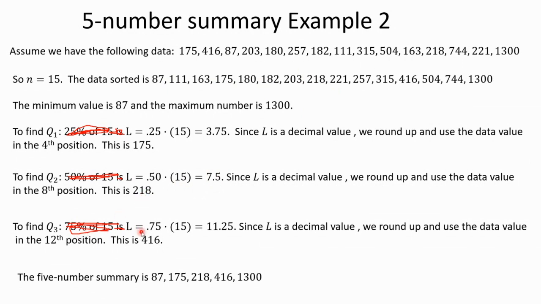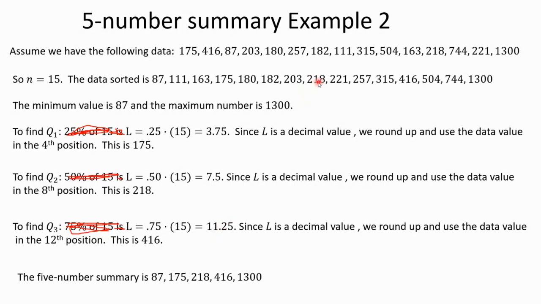Next, for Q3, 0.75 times 15. You get 11.25. It's still a decimal value. We still round up. I know when you look at this, if someone told you to round, you would think, oh, well, this digit is 2, so we round down to 11. Not here. We're going to round up to 12.